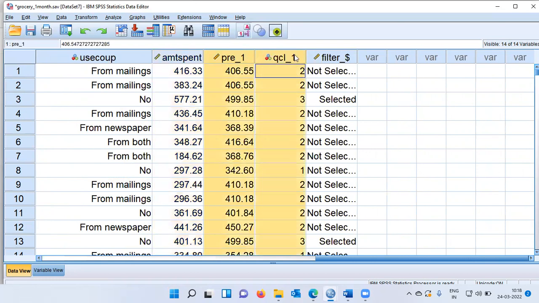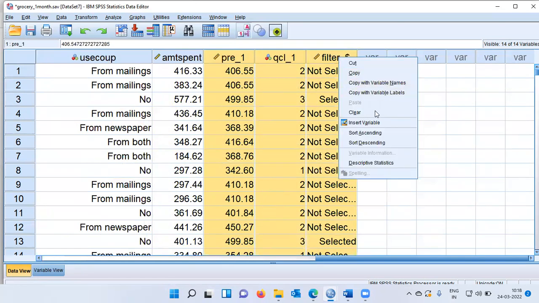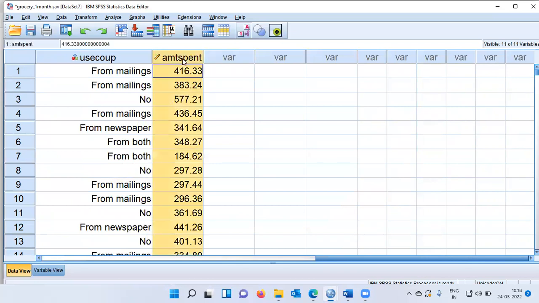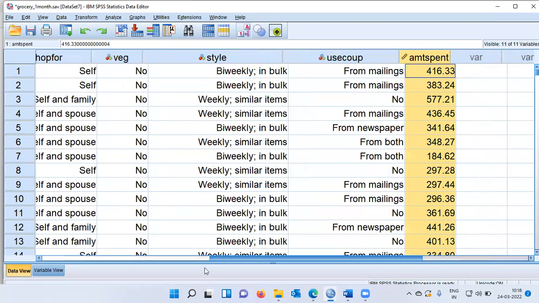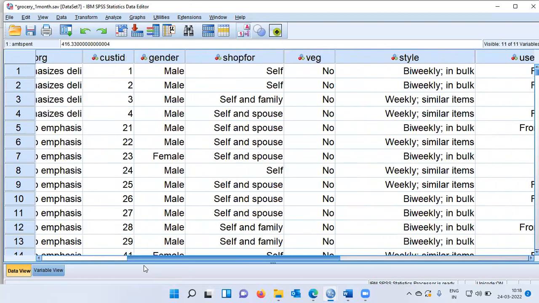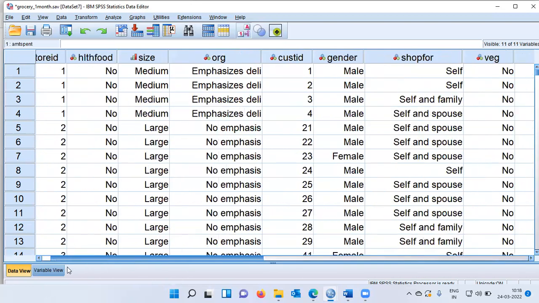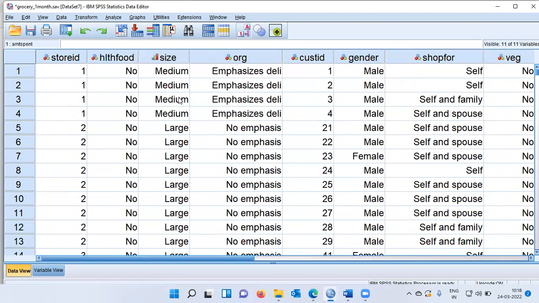The last three variables are not very useful, so let me just go ahead and delete it. So the dependent variable in this analysis is amount of money spent, and I'll be using customers' demographic details, their buying behavior, as well as the store profile to understand and construct a profile of big spenders versus small spenders.